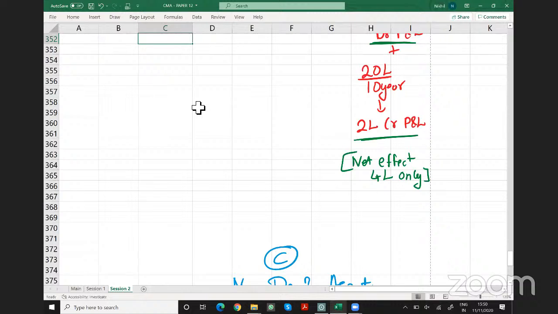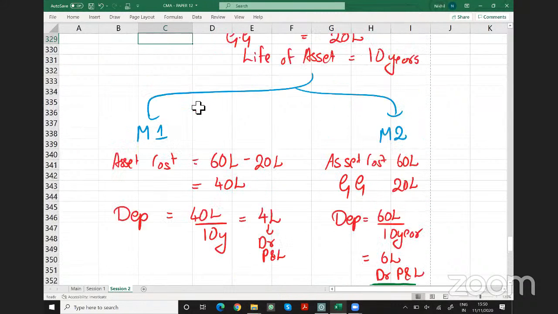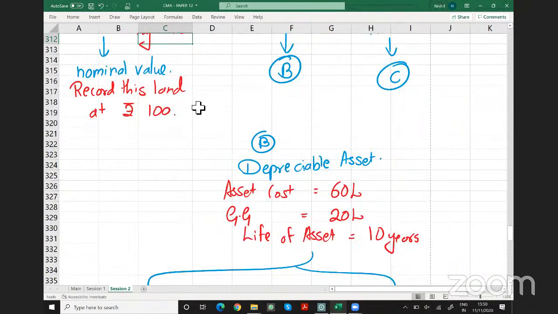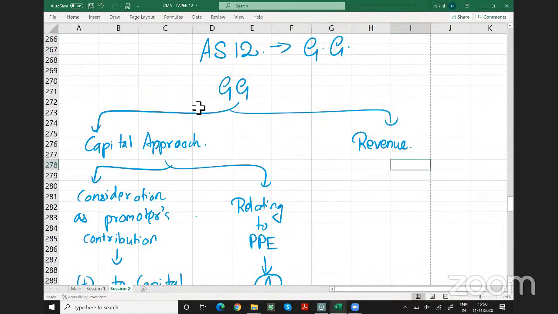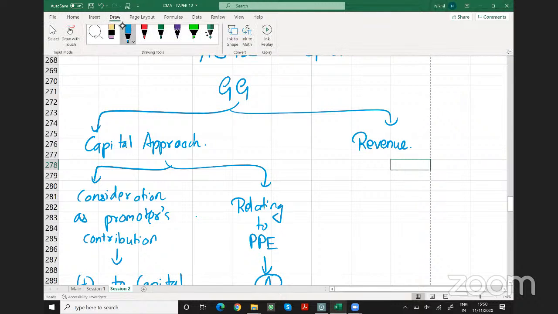And the second one is if the receipt is of revenue in nature. So this will be further bifurcated.